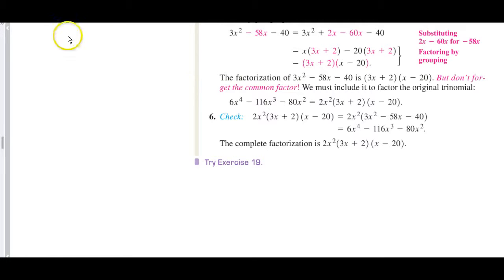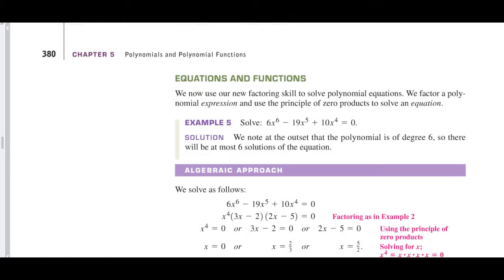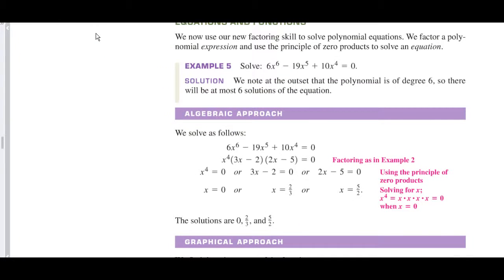Now, which way do you want to use? And again, the AC method is about 95% for sure that you're going to get your factors. But it takes a little more time than the traditional unfoiling.